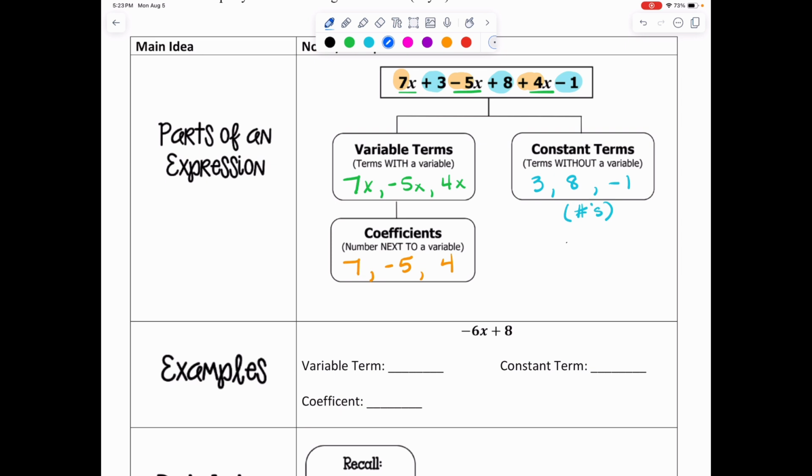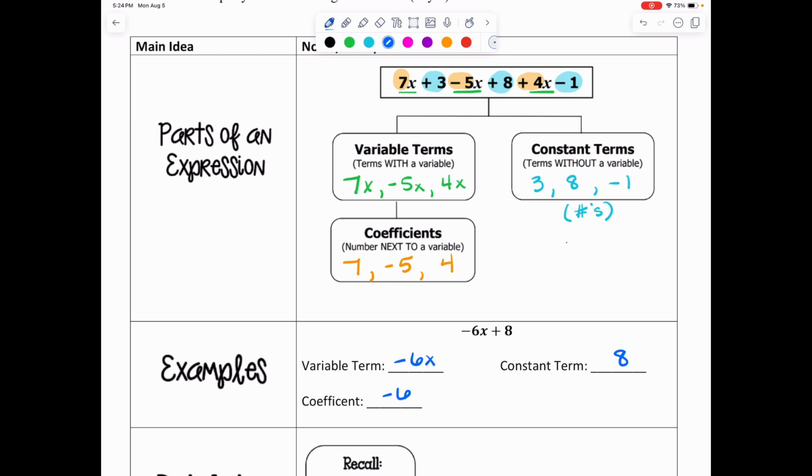So we're specifically identifying the variable term, which is negative 6x. Branching off of that, the coefficient is the number next to the variable, so that would be negative 6. Make sure to take the sign with it. And then the constant term would be the term without any variable, so that would just be 8.